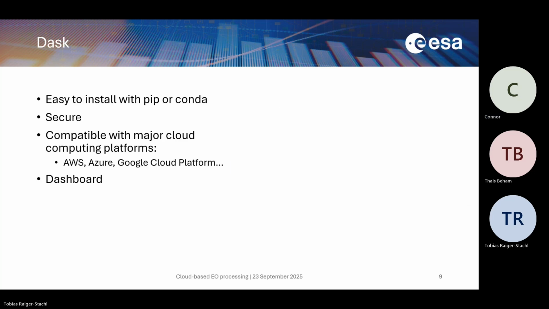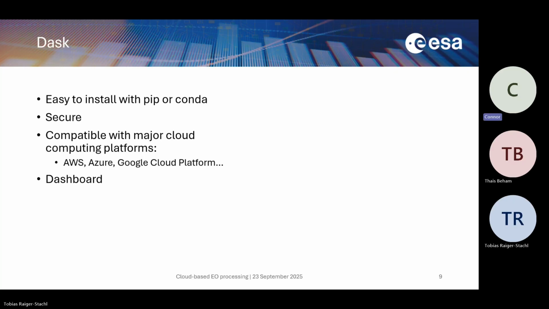Next one. Yeah, just some more considerations. Since it's very close to Python, on your machine, you can simply install with pip install or conda. It's a very secure framework. It's used by companies with very sensitive data like banks.